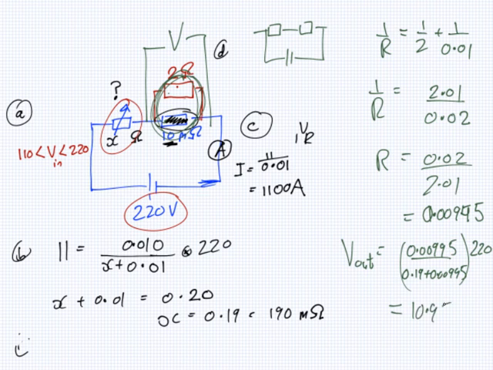Now, what do you notice about this answer? It's very similar to the previous answer. And this is the reason I use a small resistor. Because if I use a small resistor and then in parallel connect a big resistor, the voltage will still be about the same.